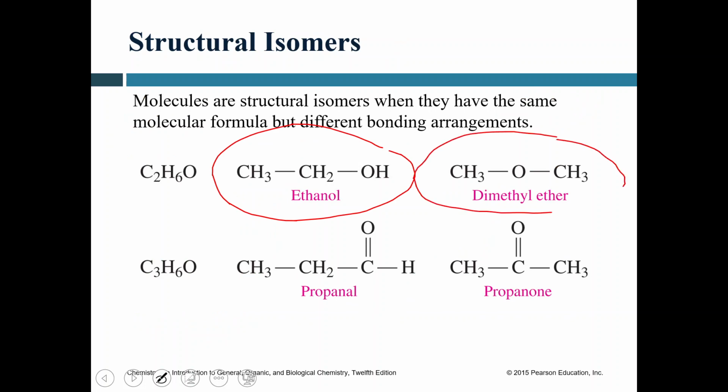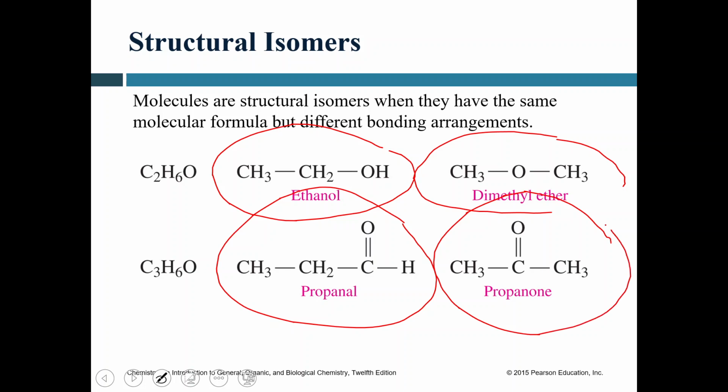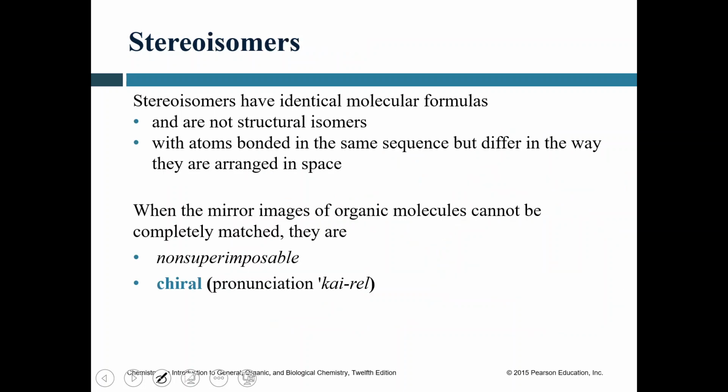They have the same atoms, but they are arranged differently. Propanol and propanone are two structural isomers because they have the same number of carbons, hydrogens, and oxygens, but these carbons, hydrogens, and oxygens are arranged differently.